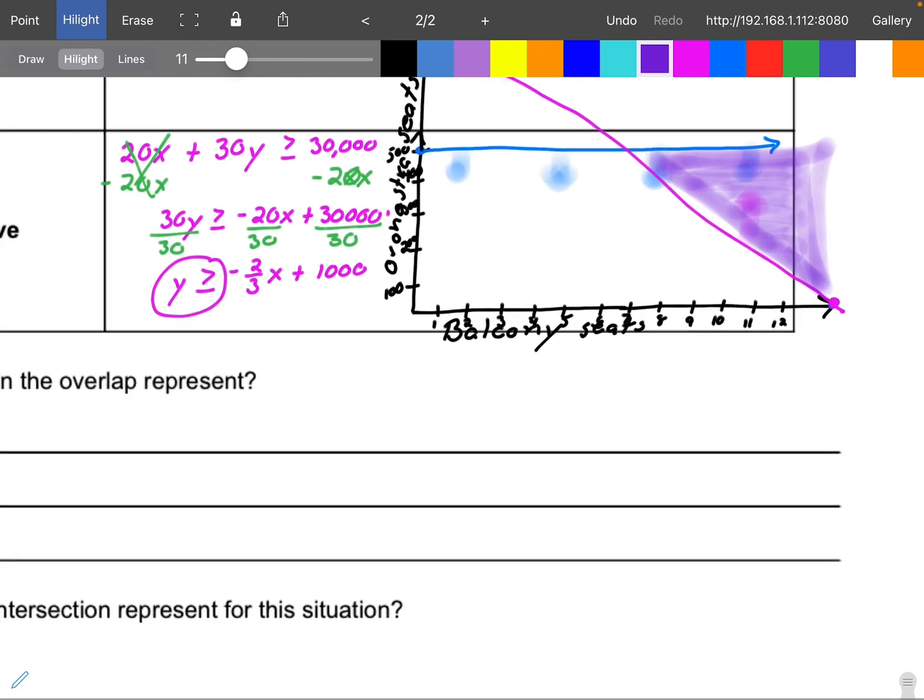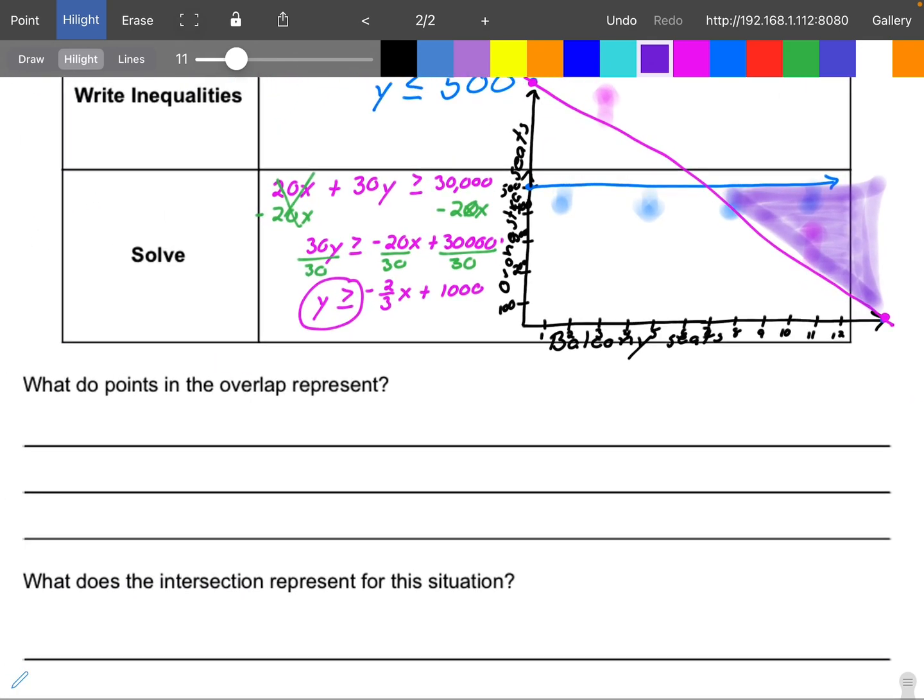Alrighty, so I apologize for the graph. Hopefully you were able to follow all of that. So the question is, what do points in the overlap represent? If I look at my overlapping section, those represent the number of balcony seats and orchestra seats that we could sell, but not just the number that we could sell, the combination of seat types that need to be sold to raise 30,000 or more.